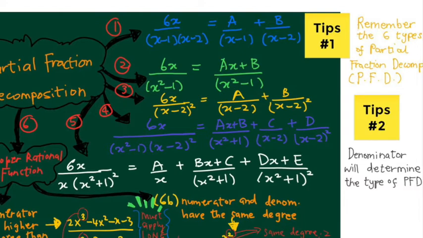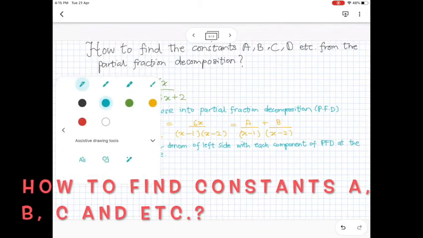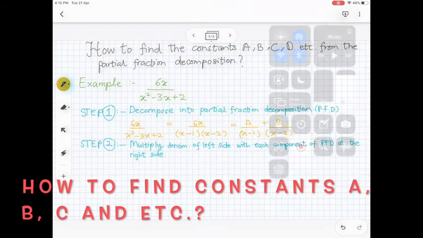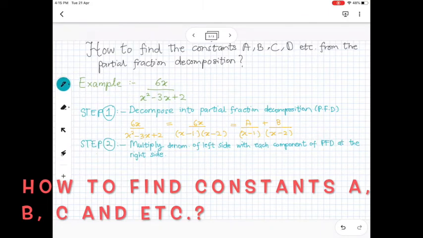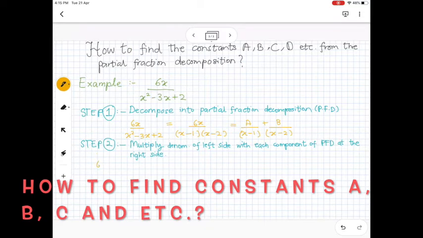Now, once you obtain your partial fraction, you will notice that there are constants a, b, c, d, and etc. So how to find those constants? Here I will explain how to obtain them.